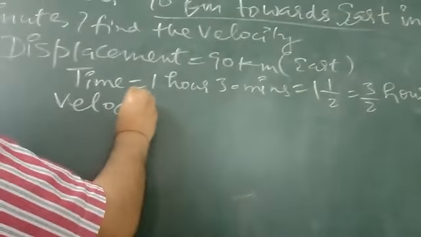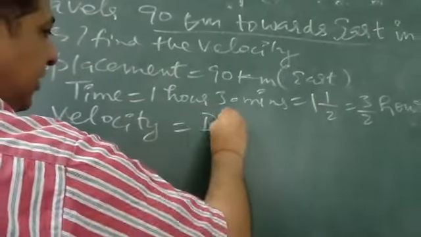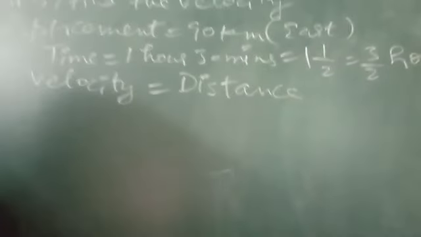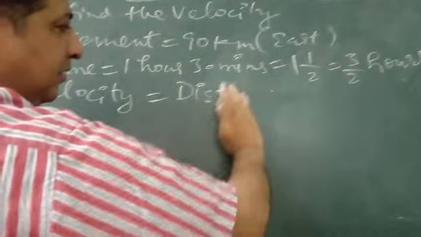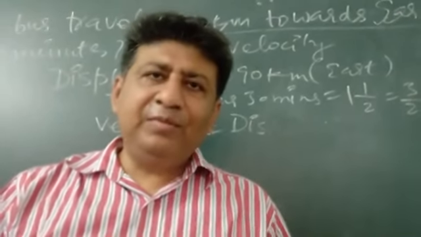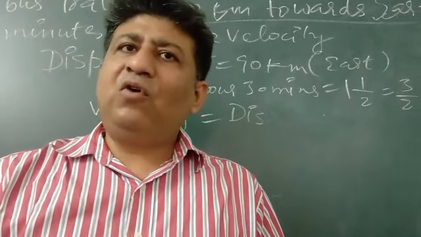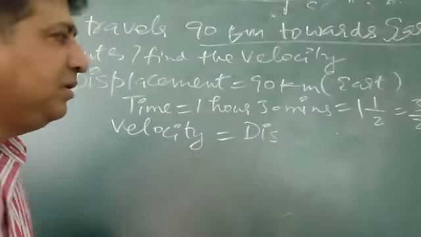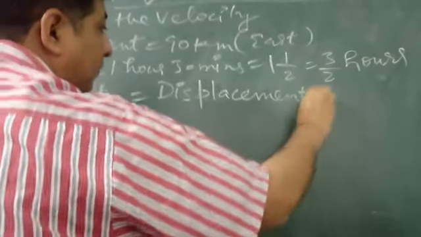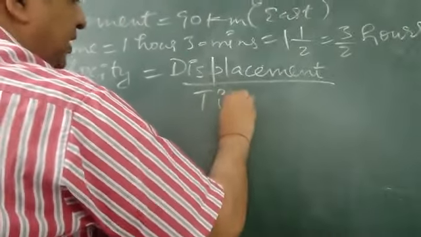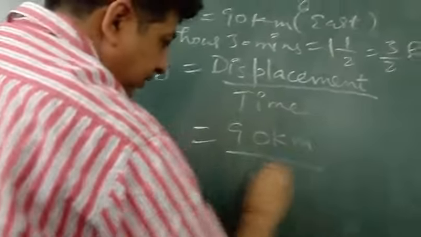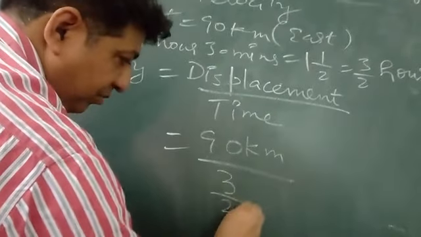Velocity, the formula for velocity is, जैसे speed का formula distance over time, similarly, the formula of velocity is displacement over time. So this would become 90 kilometer इसके नीचे 3 by 2 hours.